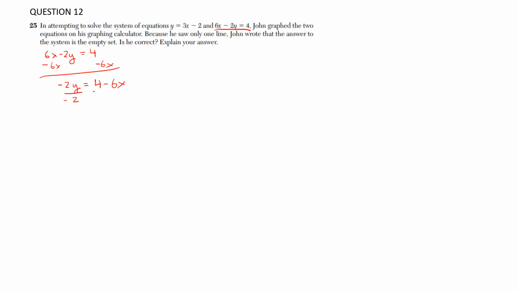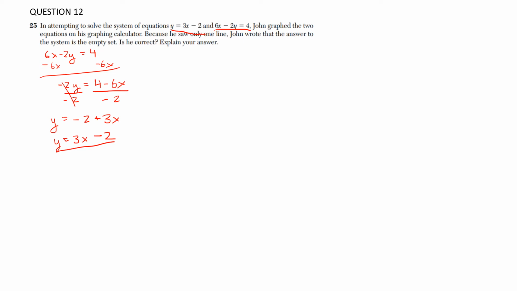Divide both sides by negative 2. 4 divided by negative 2 is negative 2. And then negative 6 divided by negative 2 is positive 3. So this equation simplifies to y equals 3x minus 2. And we can see, wow, it's the same as the first equation.